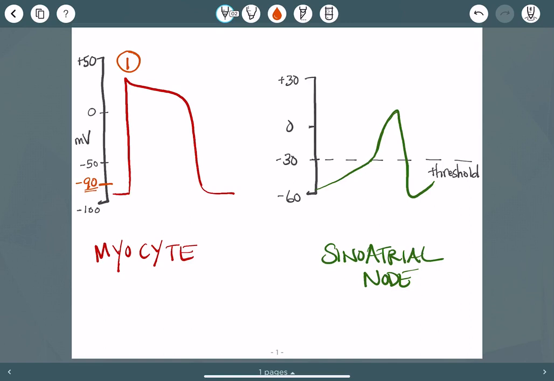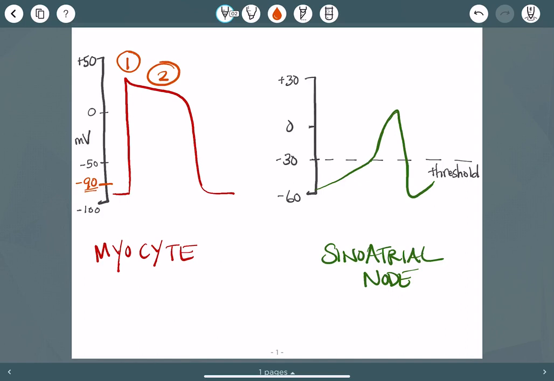So instead of having that spike like a neuron that spikes and then goes away, labeled 2 in your notes is this plateau that happens in the myocyte. The slow influx of calcium creates an electrically balanced situation that just holds steady the membrane potential in this positive place.